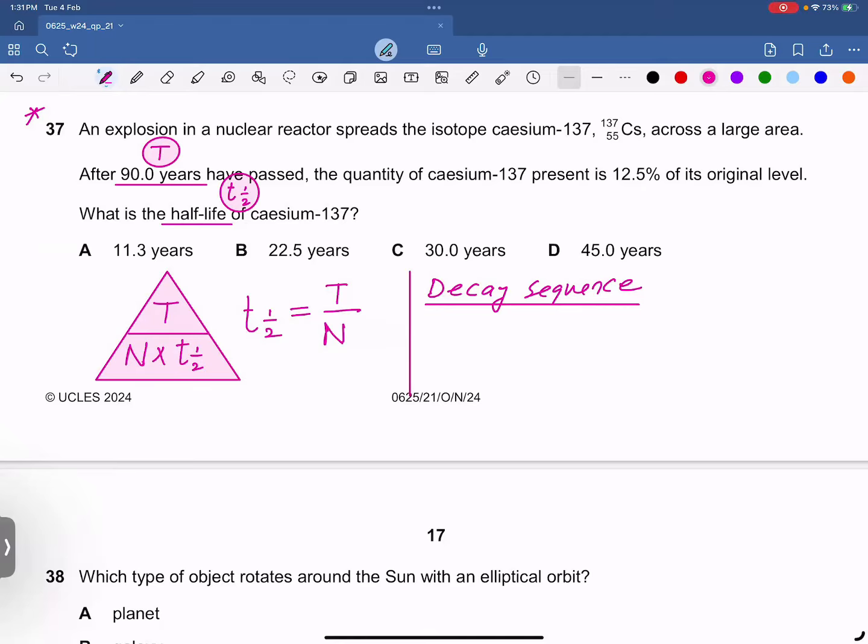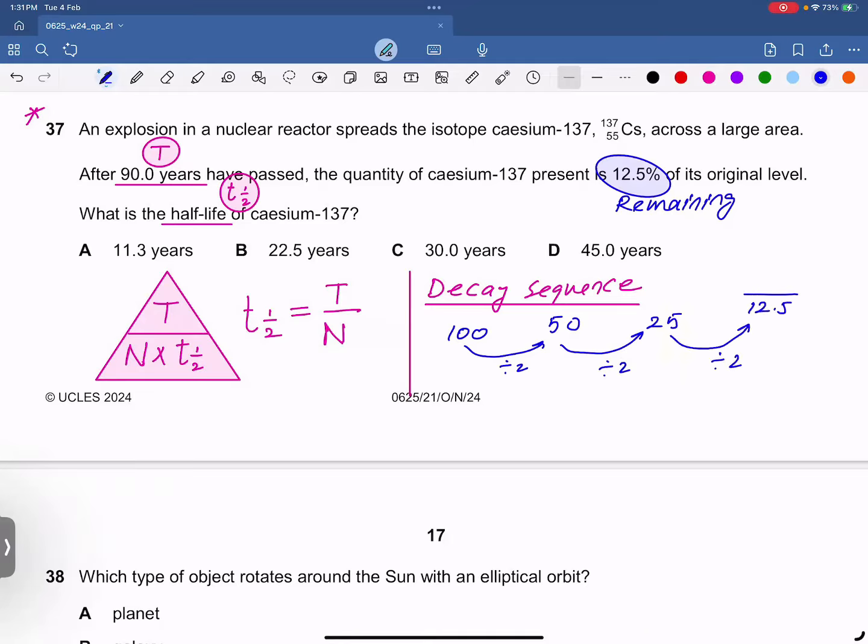Remaining is 12.5%. Initially it was 100, then you divide by 2, it became 50, then you again divide by 2, it became 25, you again divide by 2, it became 12.5.